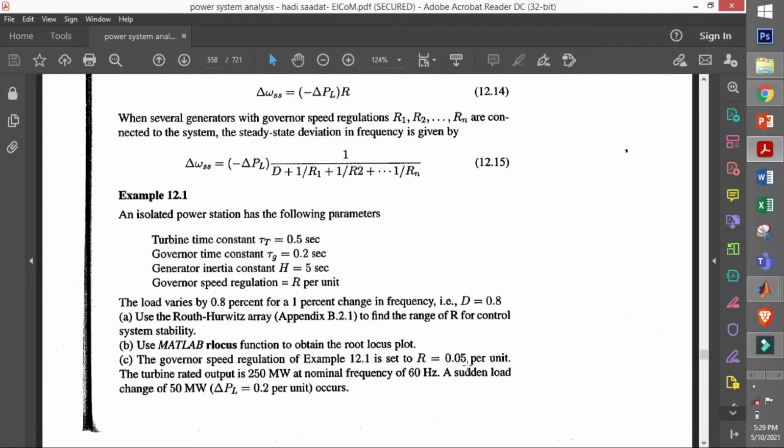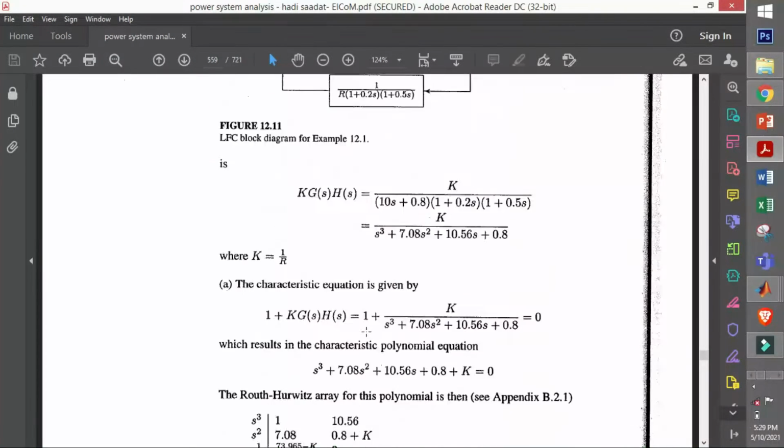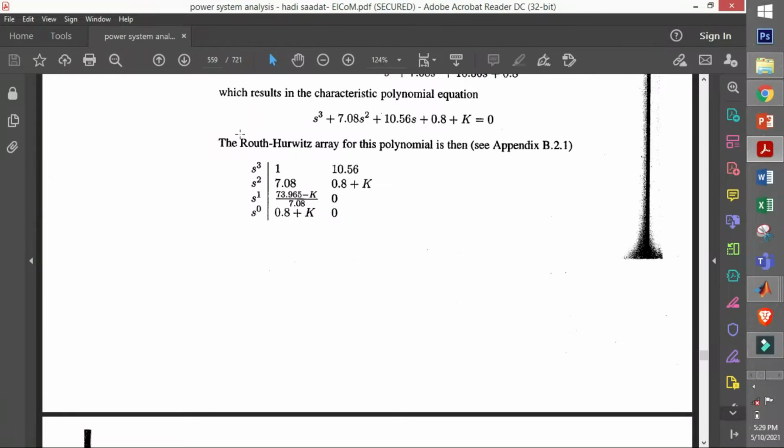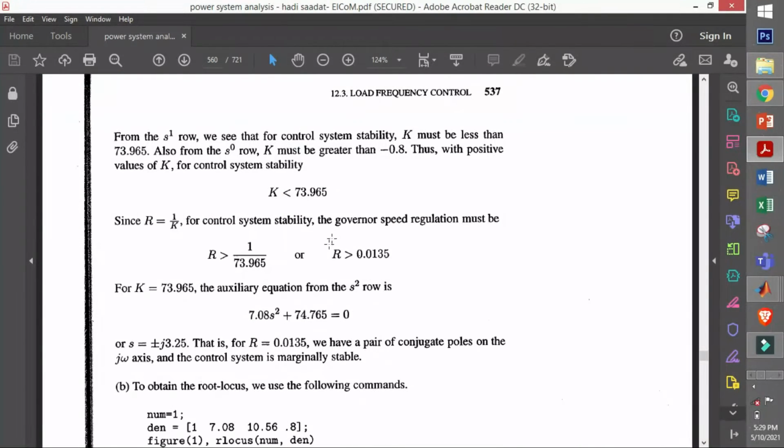But what actually happens is that the range of R we need to find, by using these values of Tt, Tg and H. Below in this problem, when you see, they find that R must be greater than 0.0135.